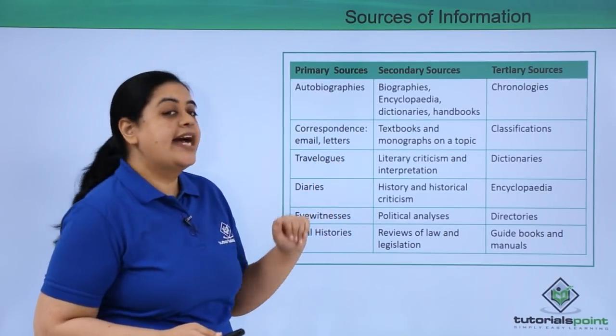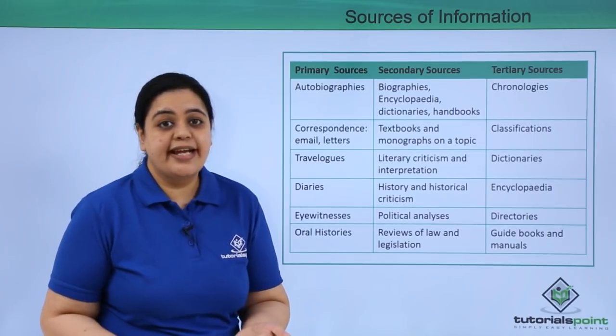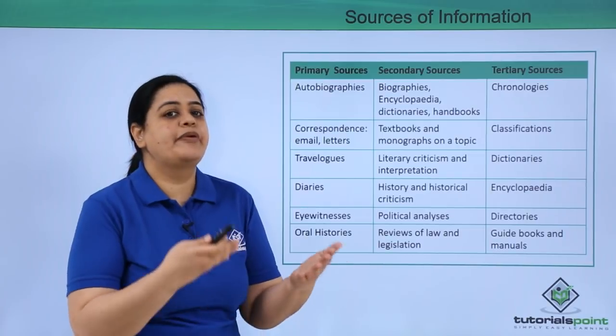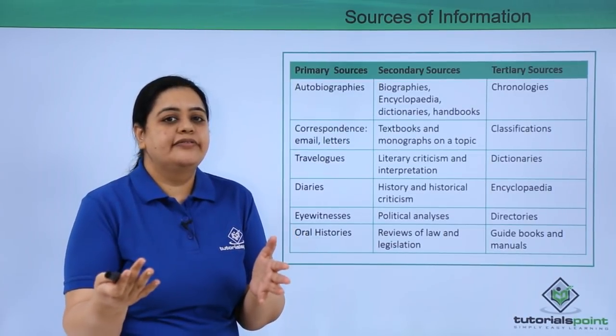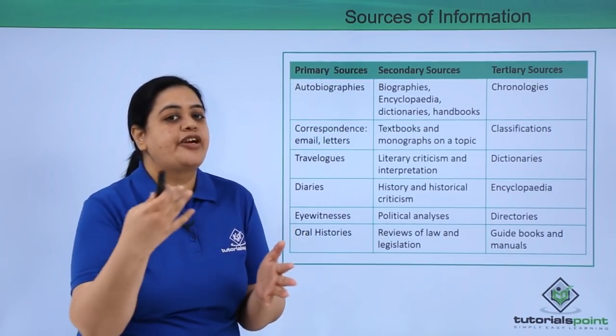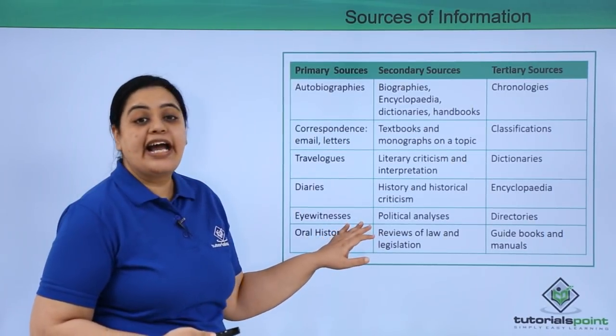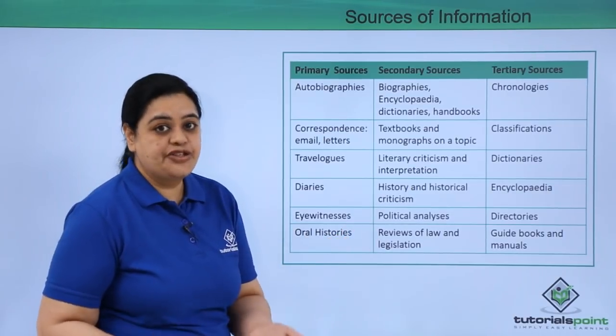Travel logs, diaries. Many a time we write a diary, and if the diary gets published, or I give it to someone, then it becomes a primary source of information. Eyewitnesses, oral histories.